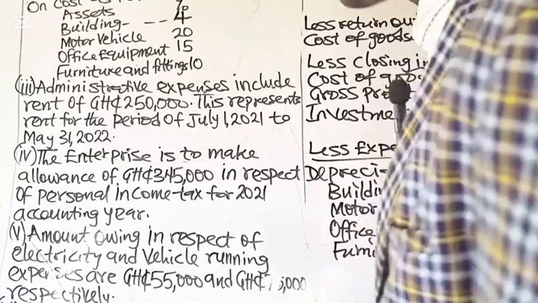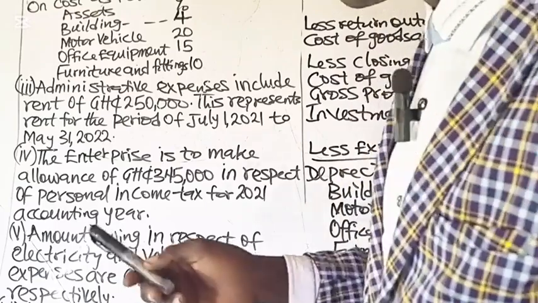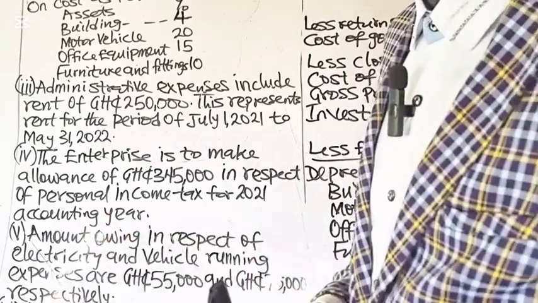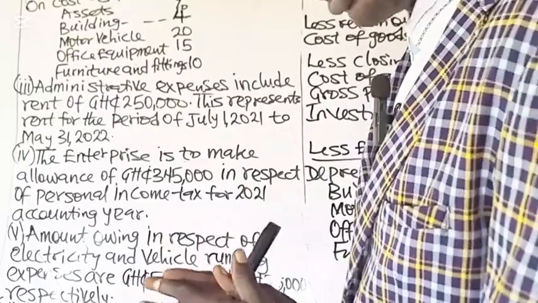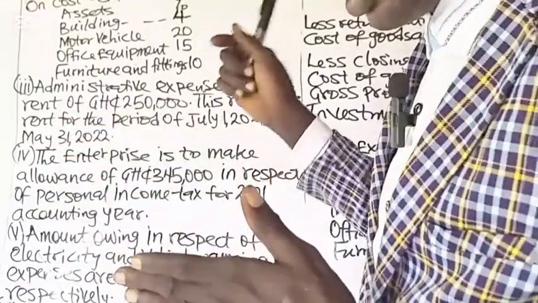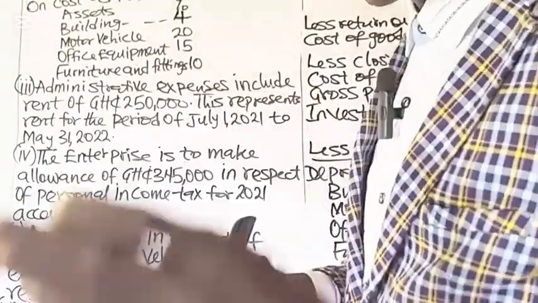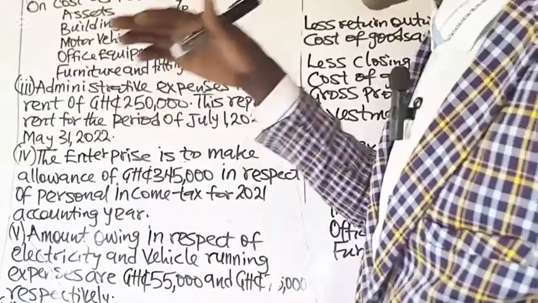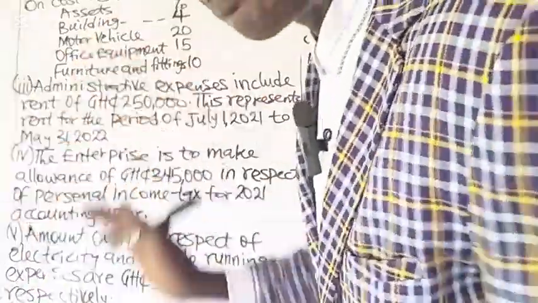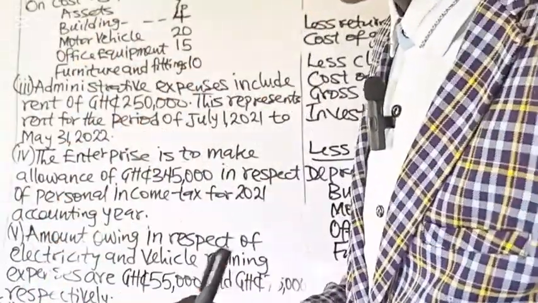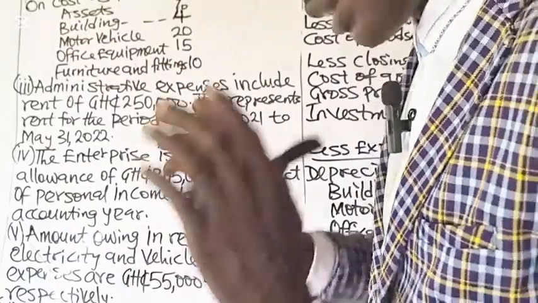Now, if you look at this question, the accounting period of this entity is from 1st January 2021 to December 31st, 2021. That means anything outside that period will not be included in the statement of profit or loss for that period.